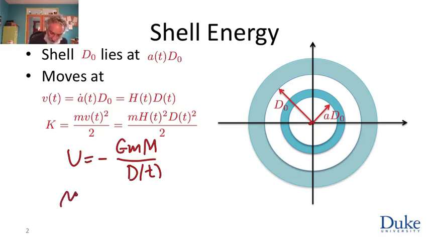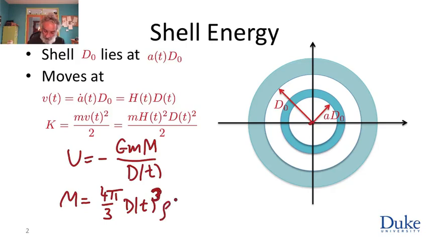Well, M is given by the volume of the sphere of dust contained by the shell, which is 4 pi over 3 d of t cubed, if I compute it at time t, times the density at time t. And I agree that big M is a constant.